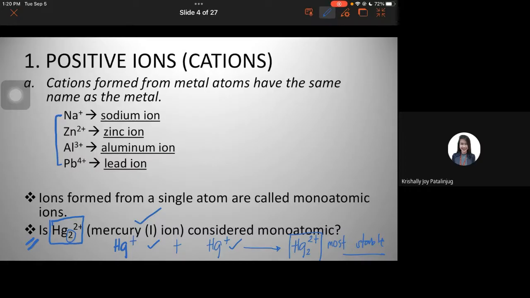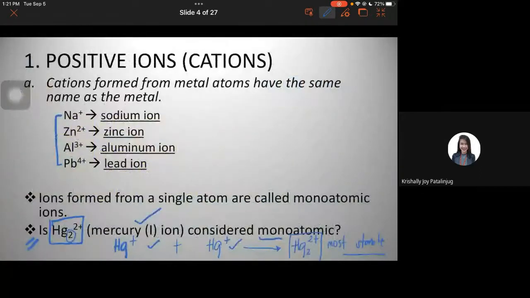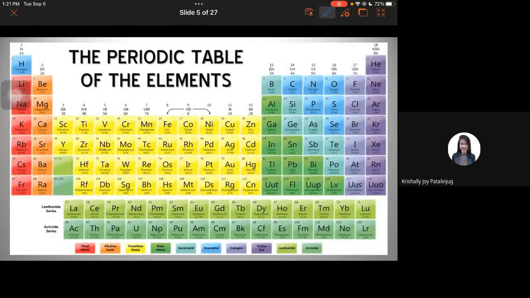This is just to know the difference between monoatomic and diatomic or polyatomic. This is already considered polyatomic because it contains 2 atoms. Two or more atoms present in that ion form makes it polyatomic.